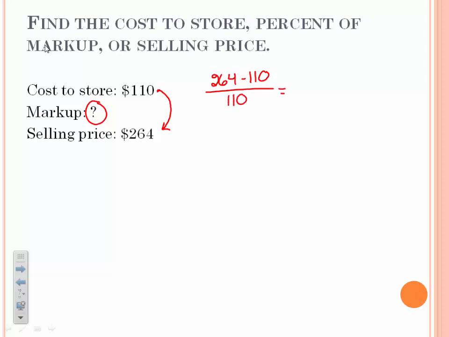So then when we subtract that, we get 154 over 110. And when you do that division, you get 1.4, which when you put it as a percent is 140%. So the markup amount is 140%. That is crazy. They're making so much profit on that.